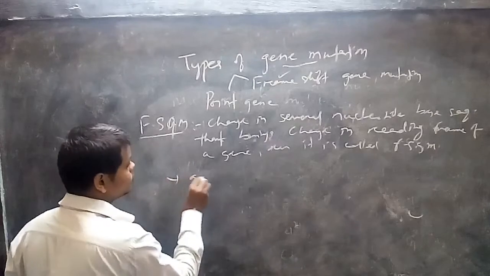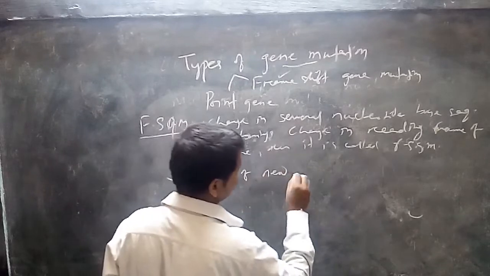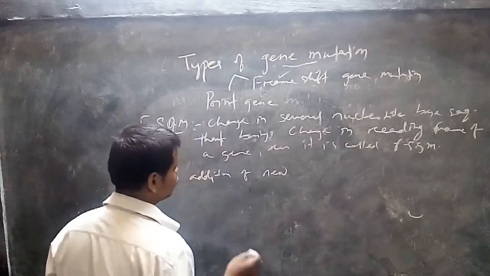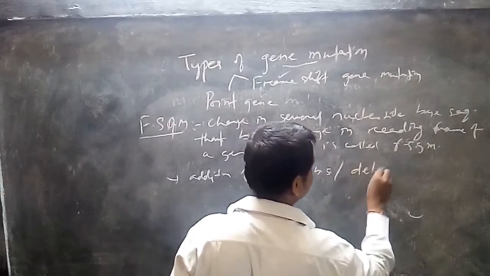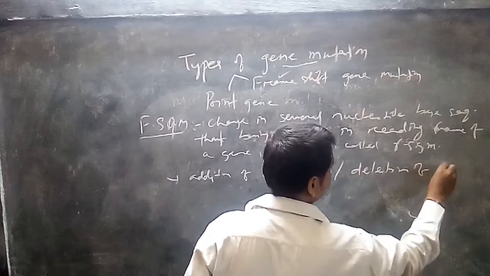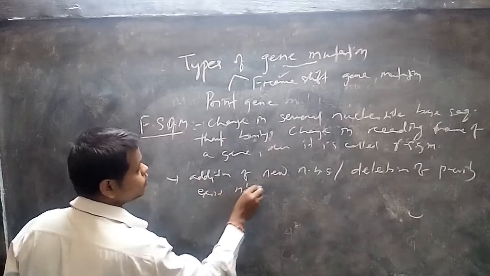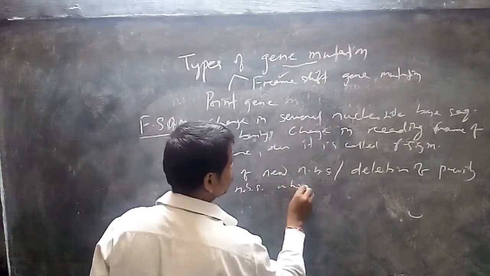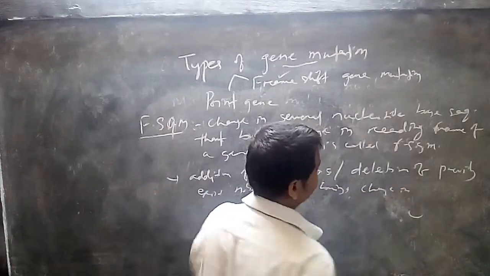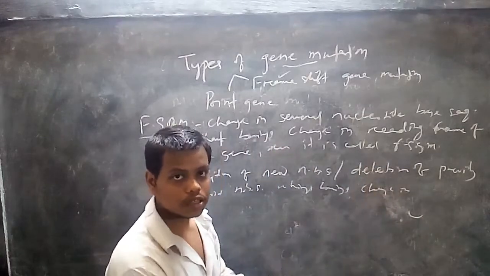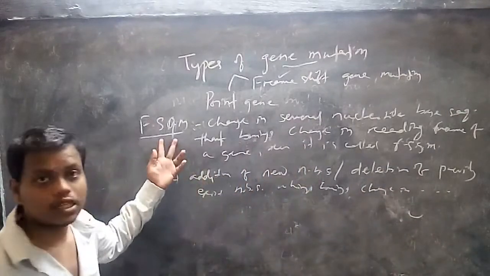See, addition of new nucleotide base sequences or deletion of previously existing nucleotide base sequence when brings change in reading frame structure or original combination of the codons, original combination of gene, then that condition is called frame shift mutation.